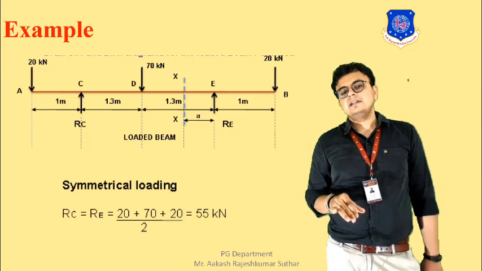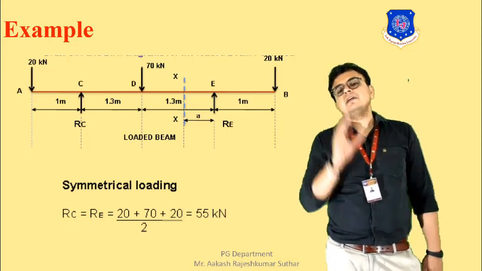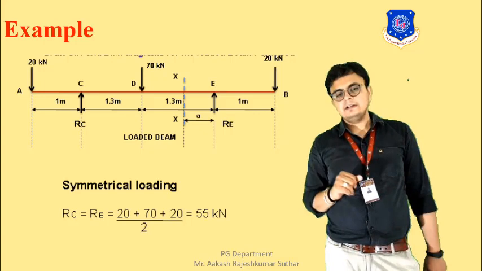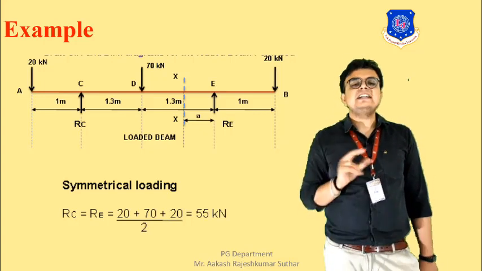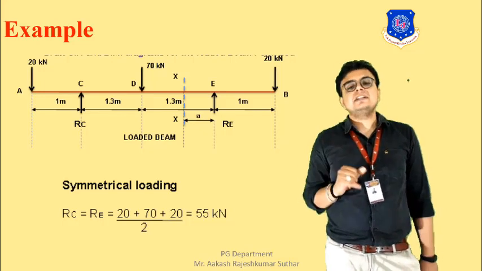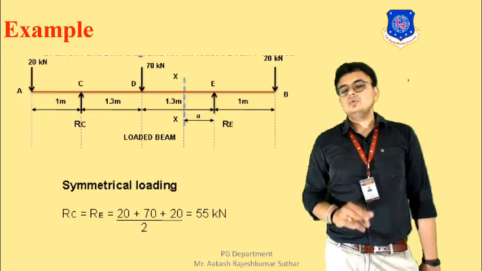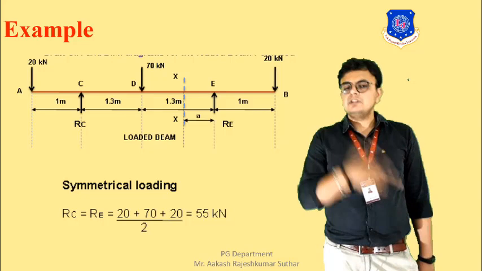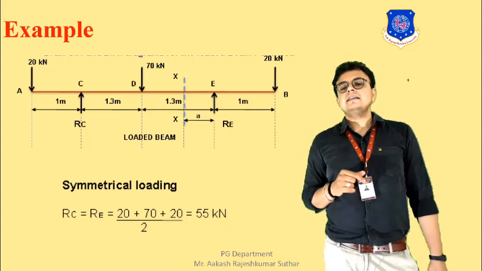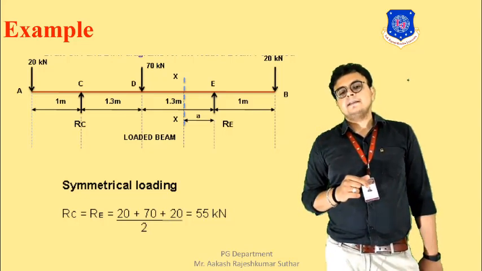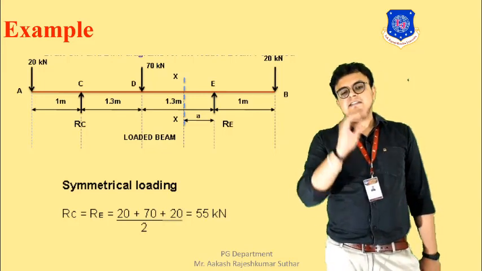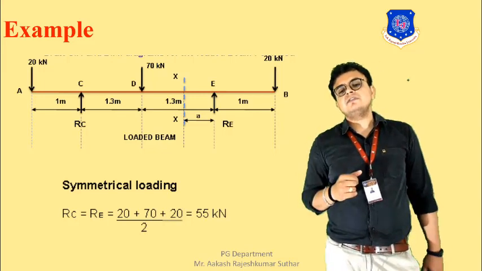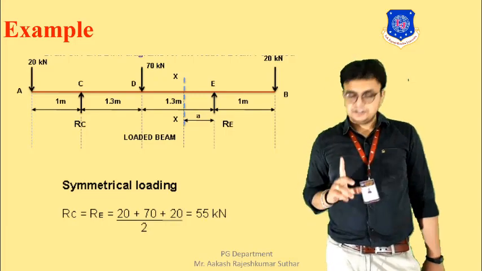The total load will be divided by 2, one for each support. The total will be 20 plus 70 plus 20, which equals 110, and on dividing it by 2, we get 55 kilonewton. This way, we can say that the reaction at C and the reaction at E will be 55 kilonewton in the upward direction.